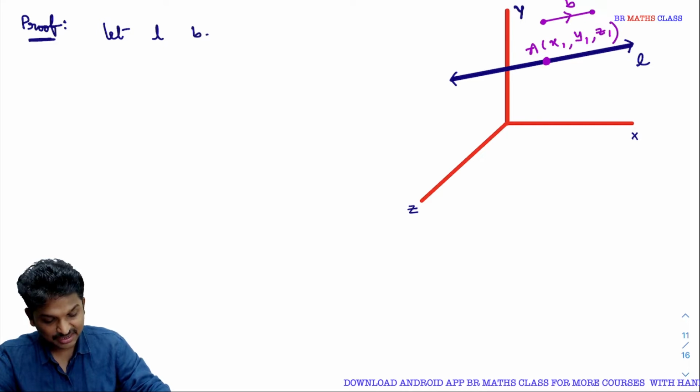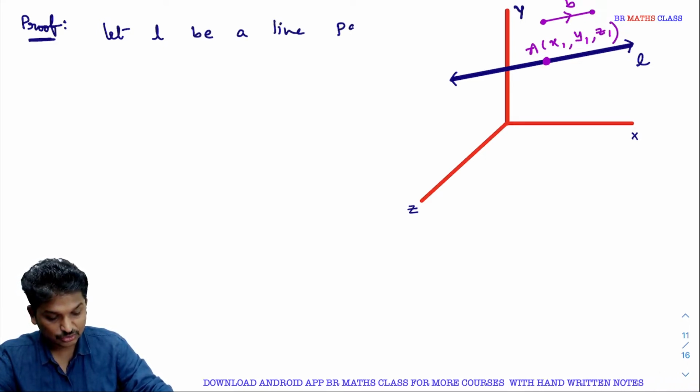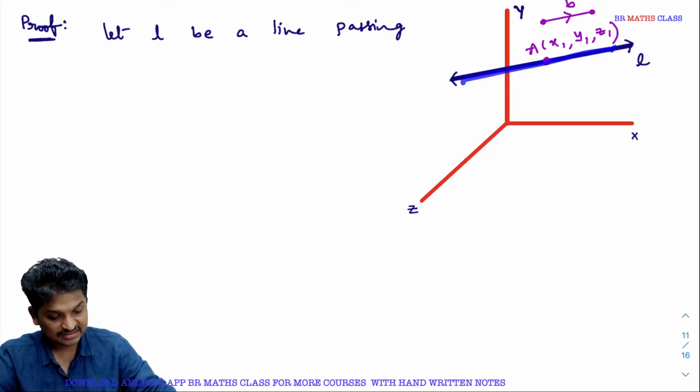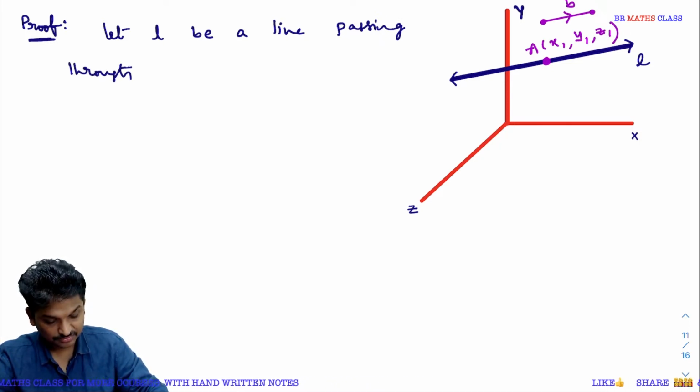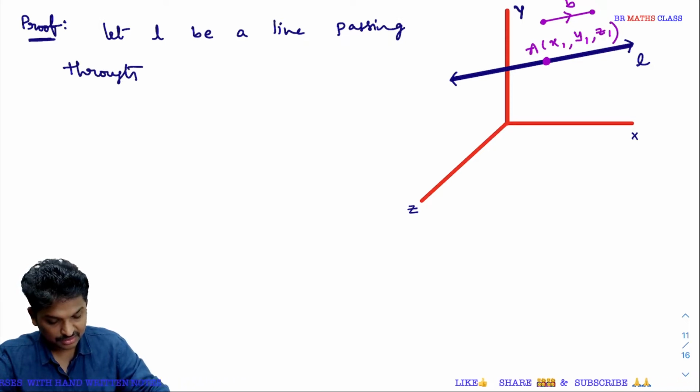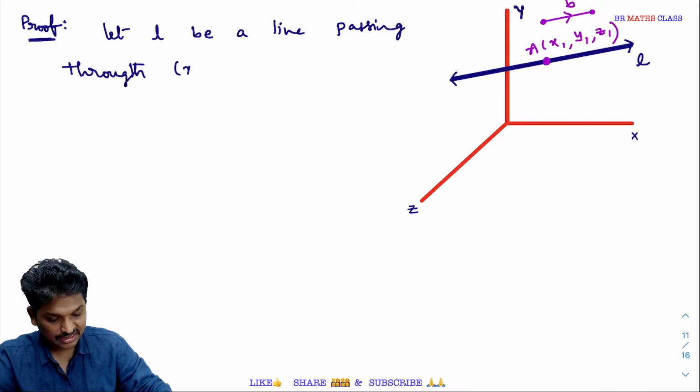Let L be a line passing through x1 comma y1 comma z1.